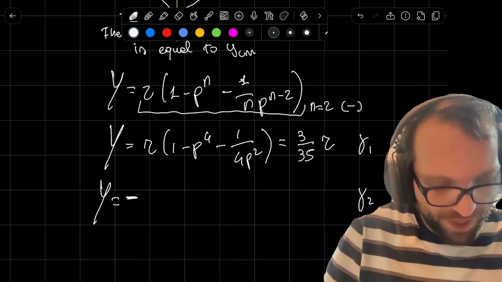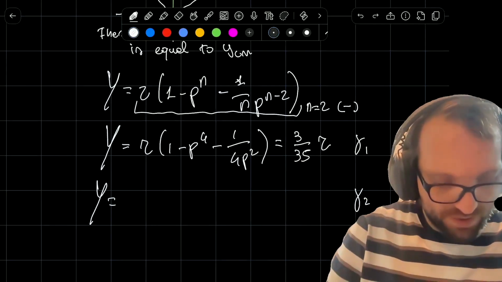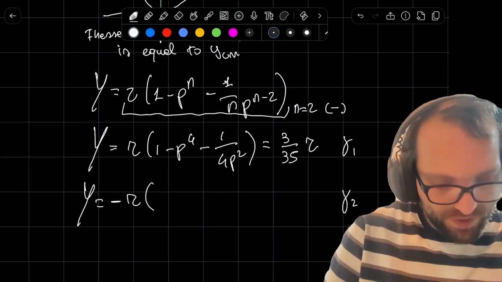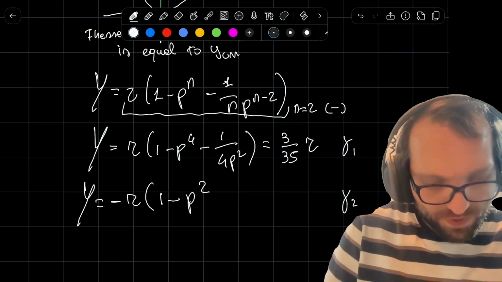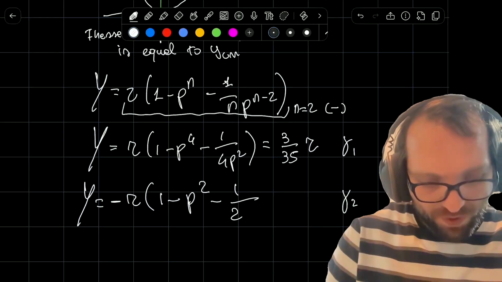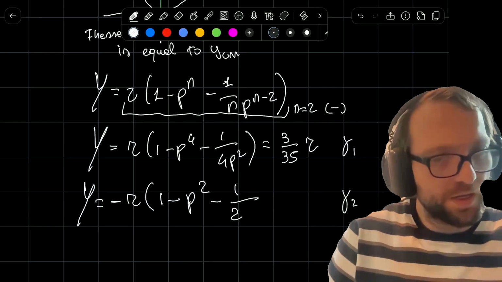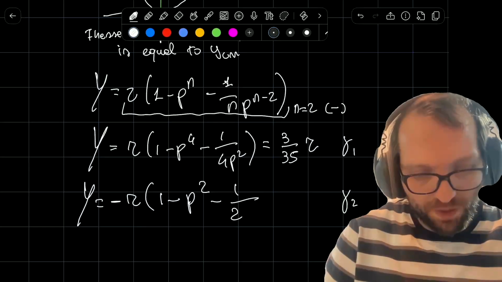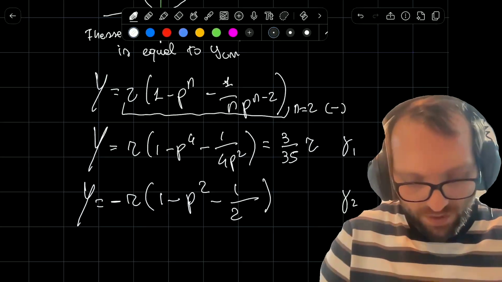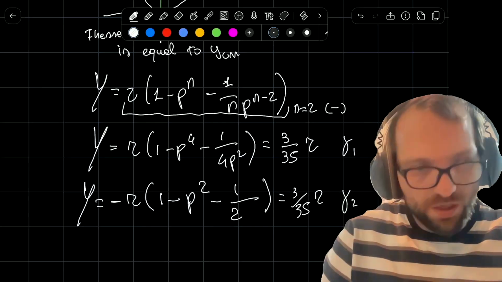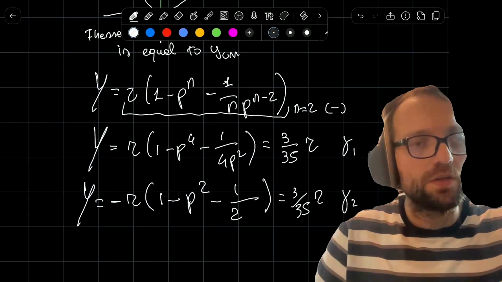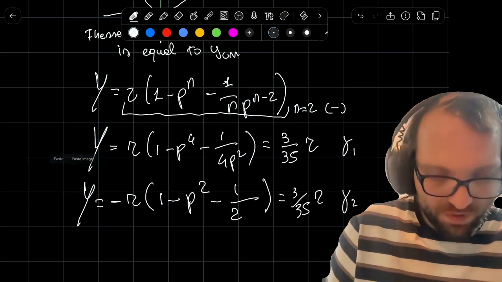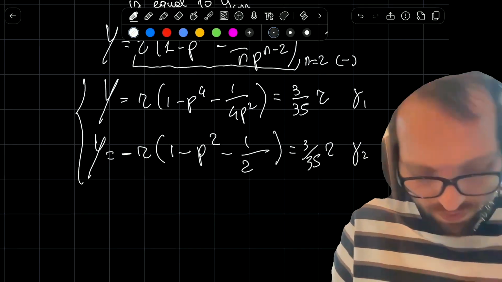So it's going to be minus, because there is the reflection, r of (1 minus p squared minus 1) over 2, and that's it, because it's p to 0 equal the same expression here. And now we need to solve these two equations.